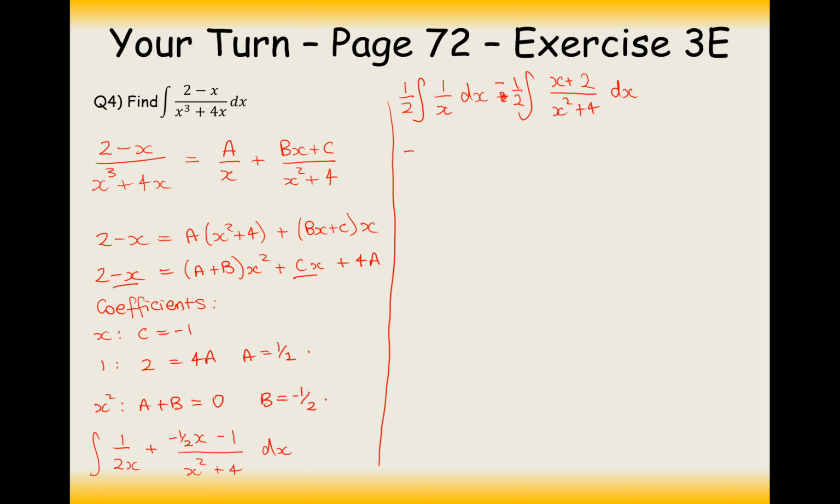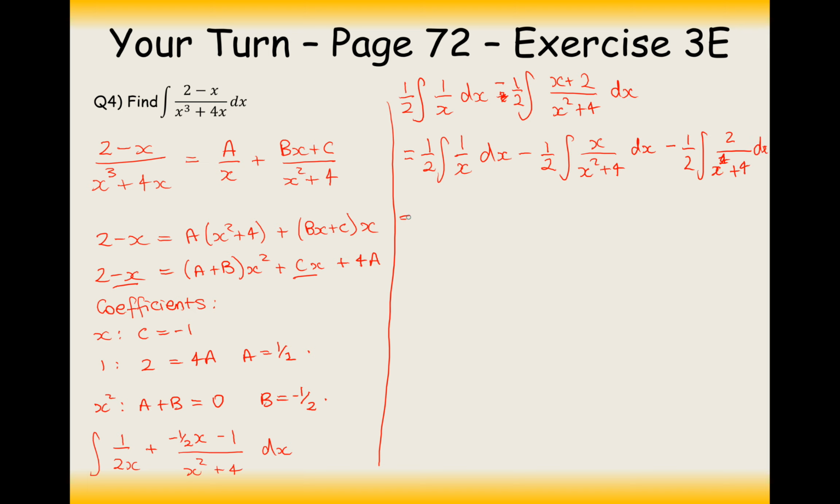And let's now split that right-hand integral up further. So it'd be minus a half integral of x over x squared plus 4 dx minus a half integral 2 over x squared plus 4 dx.